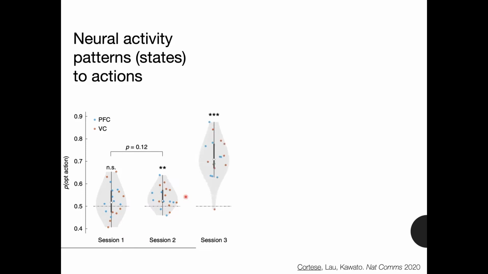When we look at the third session, which here acts as a kind of control to see if participants can also, at the end, explicitly learn the task from a conscious perspective, we see that once they learn to consciously associate the state with the action, so for example, right motion with A action, or left motion with B action, their performance gets pretty high.